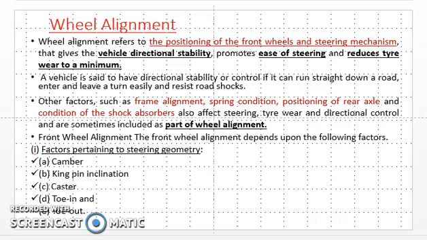The front wheel alignment depends upon the following factors: camber angle, kingpin inclination, caster angle, toe-in and toe-out. When you correct these angles, then we can say that the front wheel alignment is done.